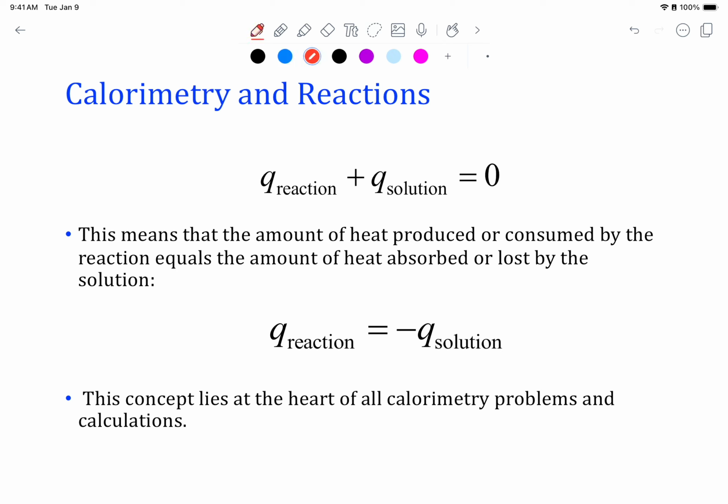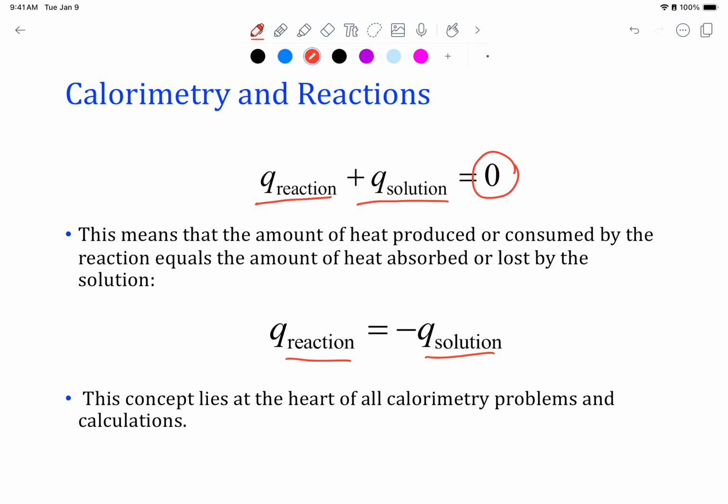In the same way that we had Q of system and surroundings in our previous slides, we have Q reaction plus Q solution has to equal 0 because of the law of conservation of energy. So we can say that the Q of the reaction is equal to the negative Q of the solution in the same way that we said the Q of the system is equal to the negative Q of the surroundings.